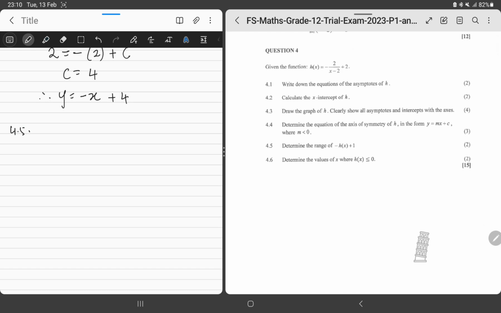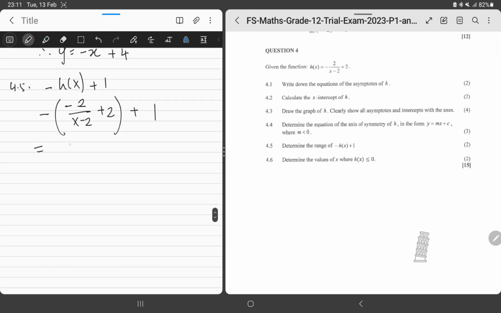4.5. Determine the range of negative h of x plus 1. Well, this is negative h of x plus 1, and my h of x is given as negative 2 over x minus 2 plus 2, and then I'm adding that 1.